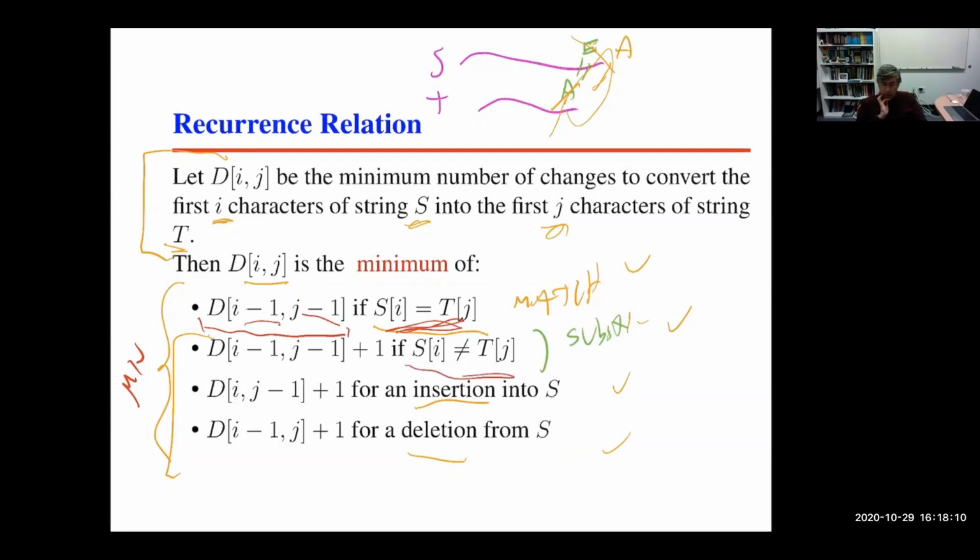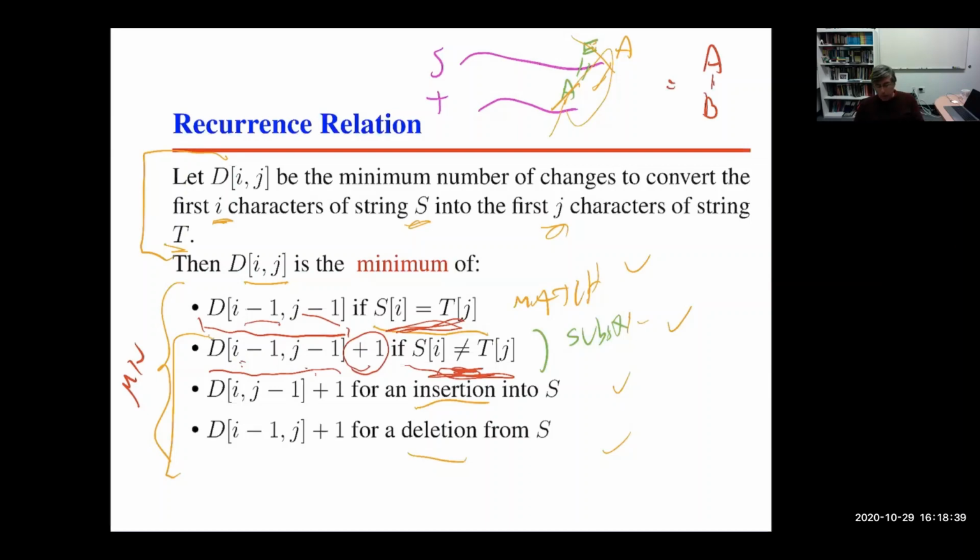If the last characters differ, I could pay the same price, what it costs to edit the prefixes to each other, plus 1 to pay for this substitution. Does everybody kind of see that? If I'm editing A into B, well, I could pay 0 plus the cost of that substitution.